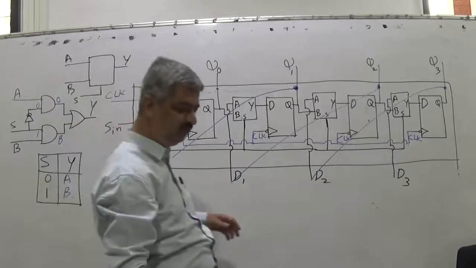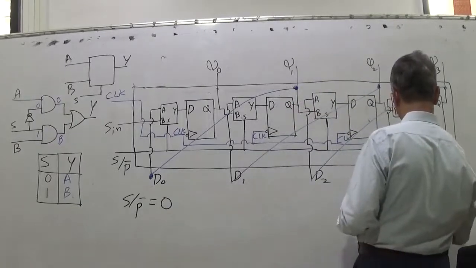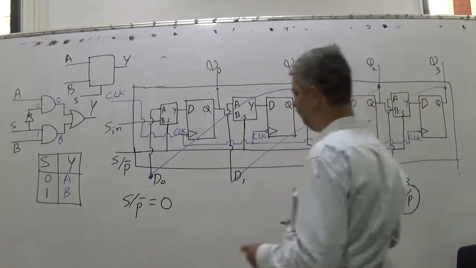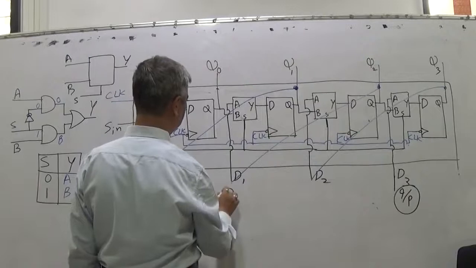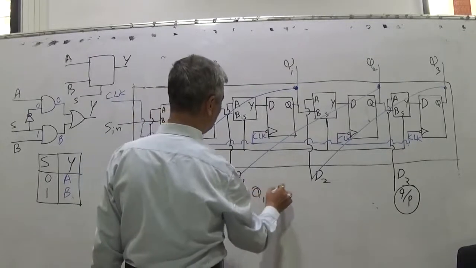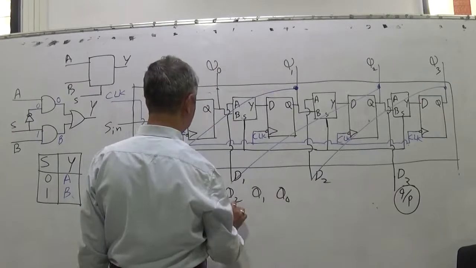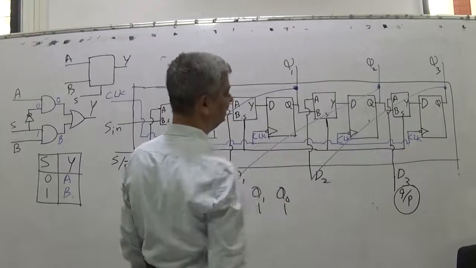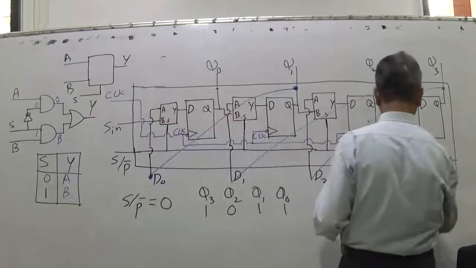And a new input, I will get at the input pin. So S/P bar equal to 0, Q3, Q2, Q1, Q0. If this is 1, 0, 1, 1, then what will happen when clock comes?